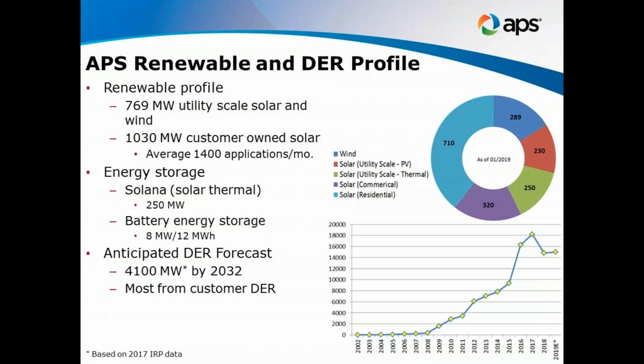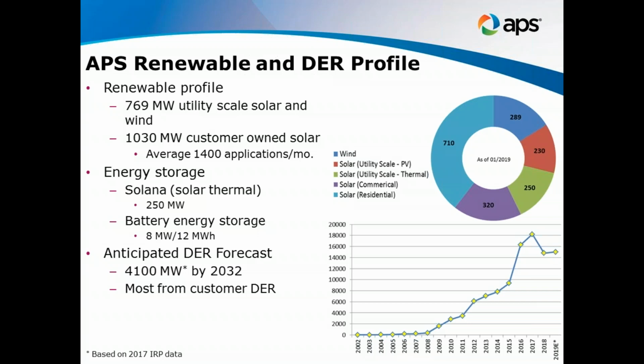And about a dozen or more utility scale PV plants that total about 230 megawatts. We also have a significant slice of commercial solar, about 320 megawatts, and over 700 megawatts of residential distributed generation.